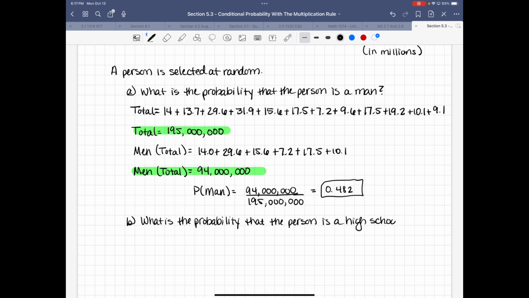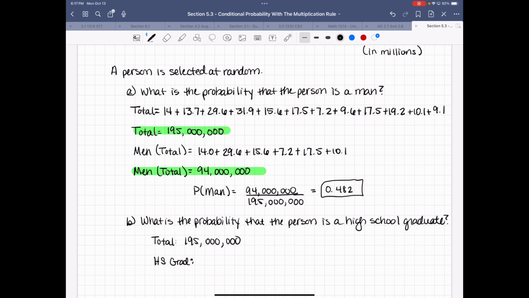Well, this time, at least we have the total already done, right? So we know my total of everybody that is there is 195 million. We need to know the probability that the person is a high school graduate.